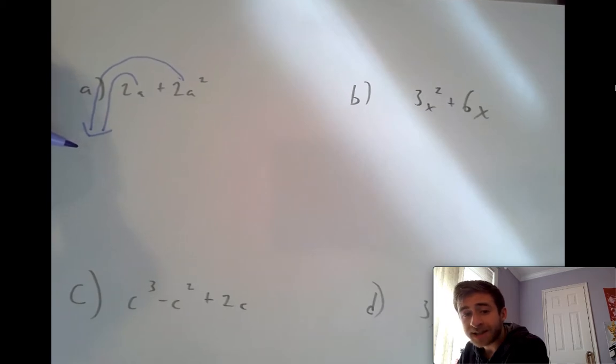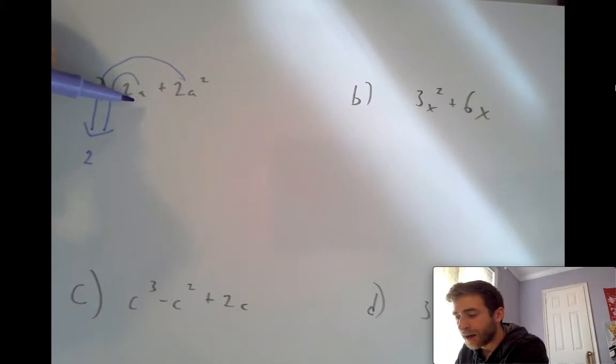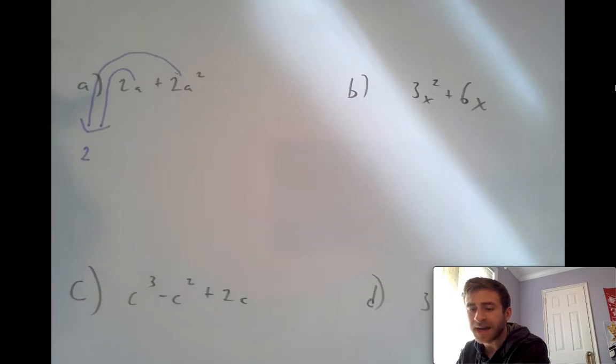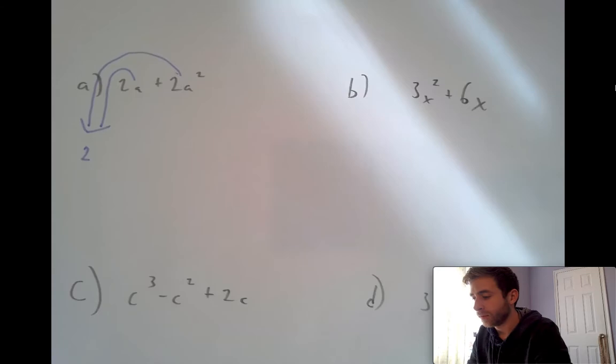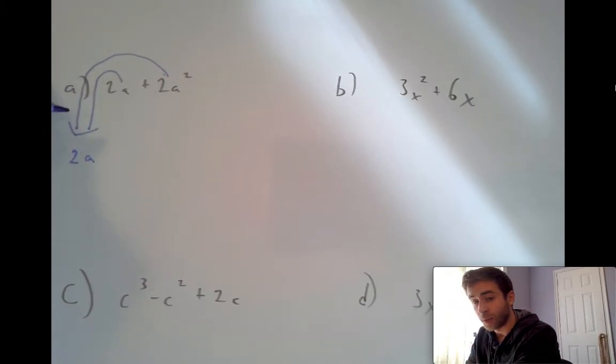You're looking for the biggest thing that I can divide out from each of these. So I can divide out a 2. Between the variables here, I have an a just by itself here and an a squared. So the most that both of these guys can afford is a, right? For the variables. So I can divide out an a here. So that's what I'm going to be dividing out, a 2a from both of them.